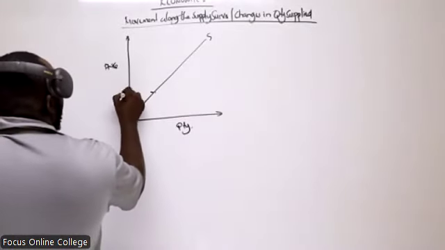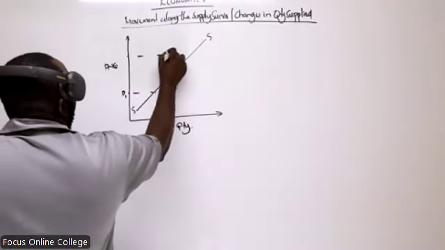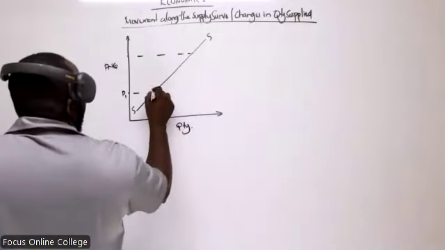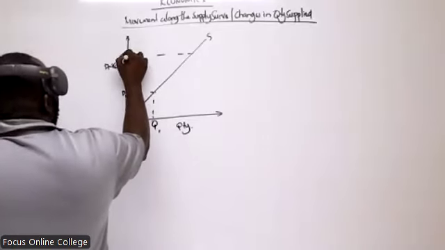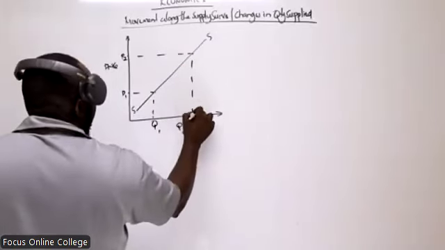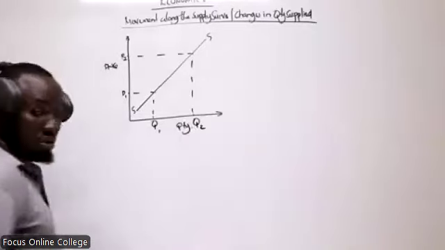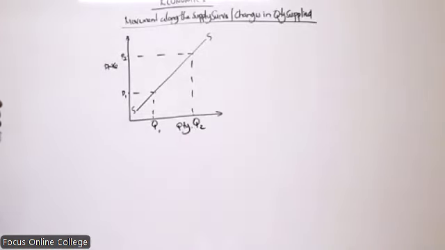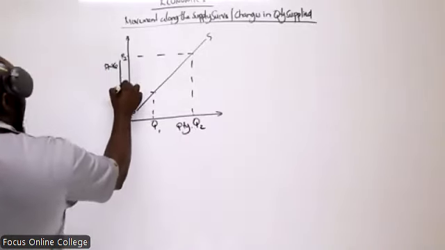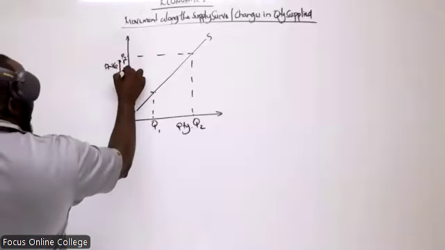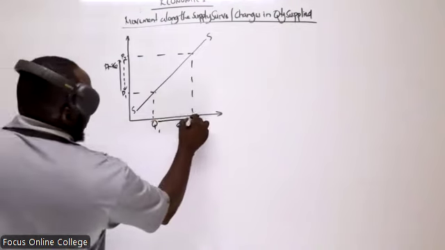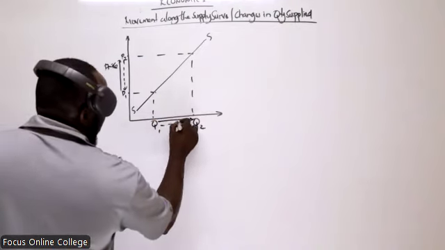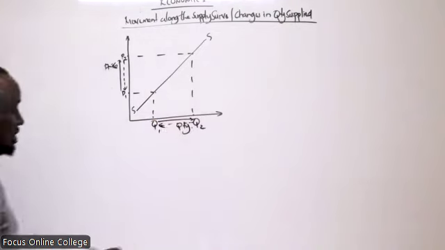So we can have price P1, and this is Q1, then P2, and this should be Q2. So we can have this when price increases, quantity increases, and when price decreases, quantity reduces.